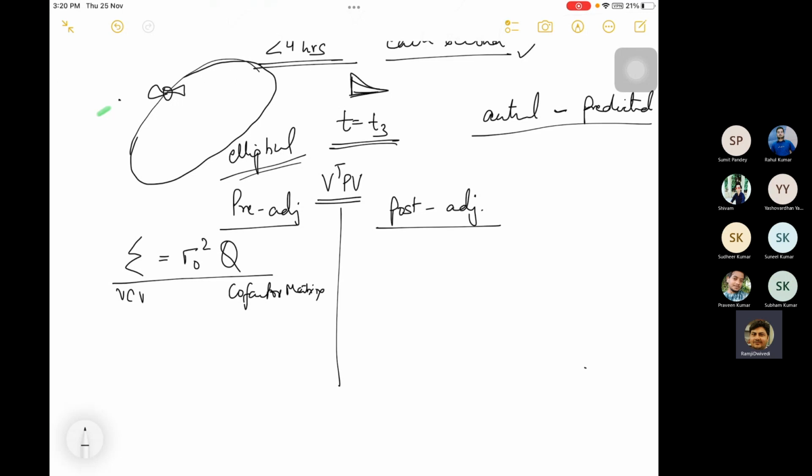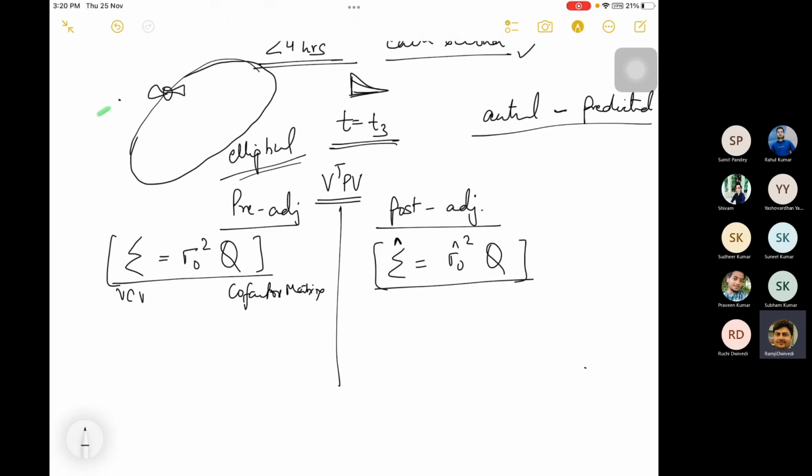So when you write pre-adjustment and post-adjustment, things are written in a different fashion. In many books we write post-adjustment with a hat, like this. In this process you work with two equations, one without hat, which is the pre-adjustment scenario, and another, the post-adjustment scenario.